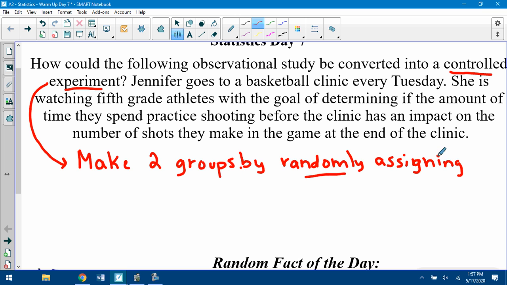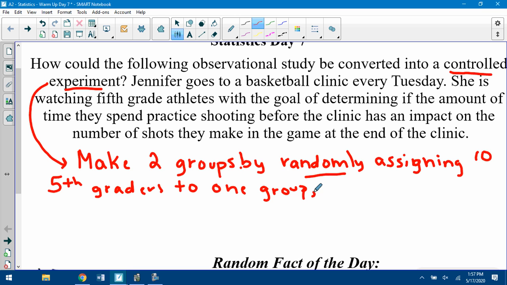10 fifth graders to one group who must practice for, I don't know, let's just make it up. They spend time practice shooting, so who must practice for 20 minutes before the game.